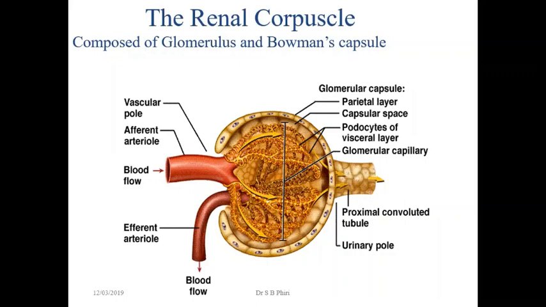So for substances to be filtered, they need to cross the fenestrations of the endothelial cells in the capillaries. They need to cross the basement membrane. Then they need to pass through the slits of the podocytes to go into the Bowman space. Then they will be collected by the proximal convoluted tubule, which is also involved in secretion and reabsorption. So this is called the renal corpuscle.